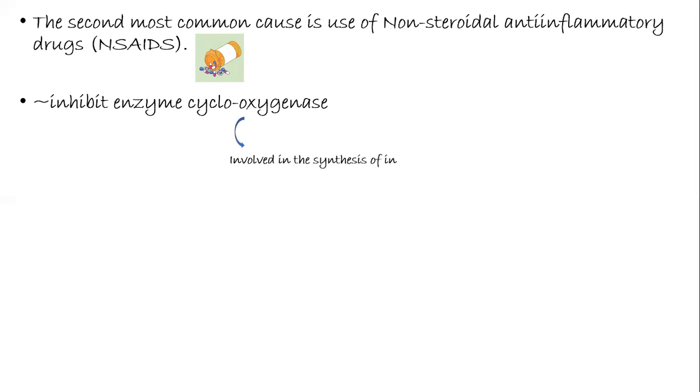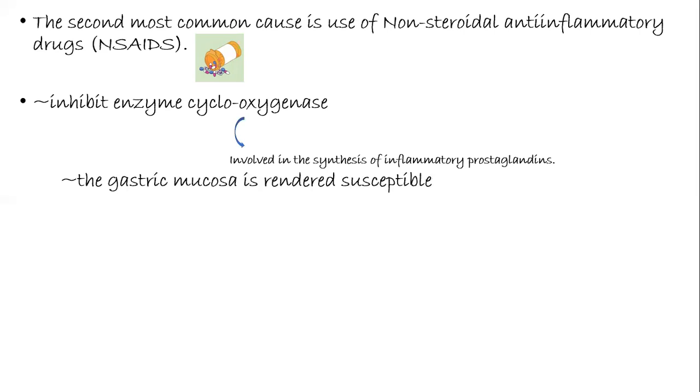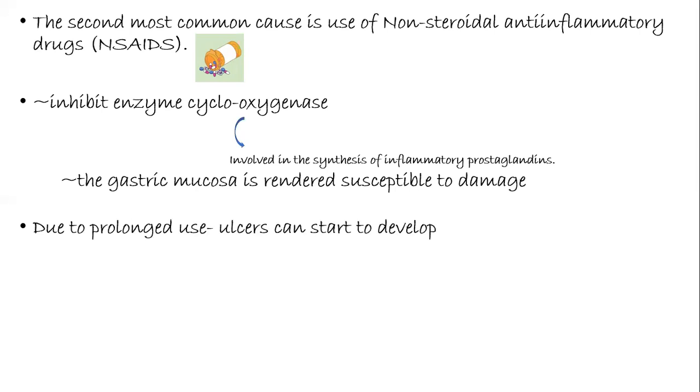Now cyclooxygenase is involved in the synthesis of prostaglandins. These prostaglandins protect the mucosal layer. So if there is no release of prostaglandins, the gastric mucosa is rendered susceptible to damage. And if someone has a habit of using NSAIDs regularly, then such a person might start to develop ulcers.